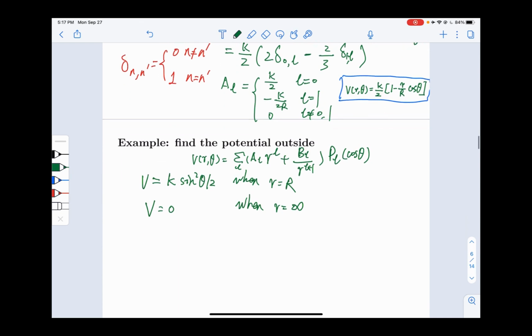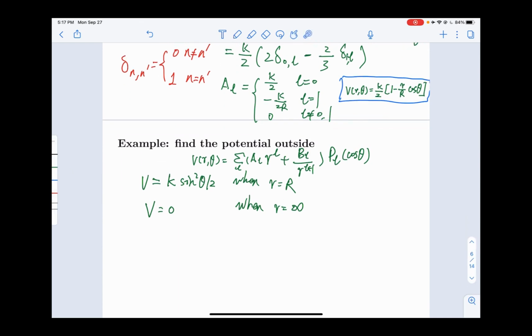And now if we apply this condition first to the problem over here, we see that the AL right now doesn't make any sense, and instead what makes sense is the BL term. So you see that really the AL here is responsible for the potential inside, and the BL is actually responsible for the potential outside.